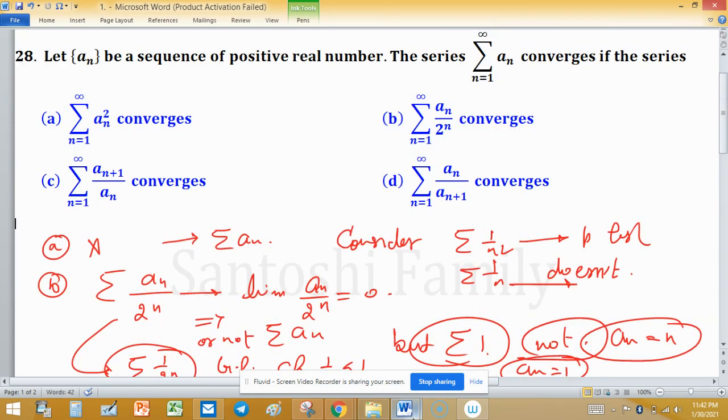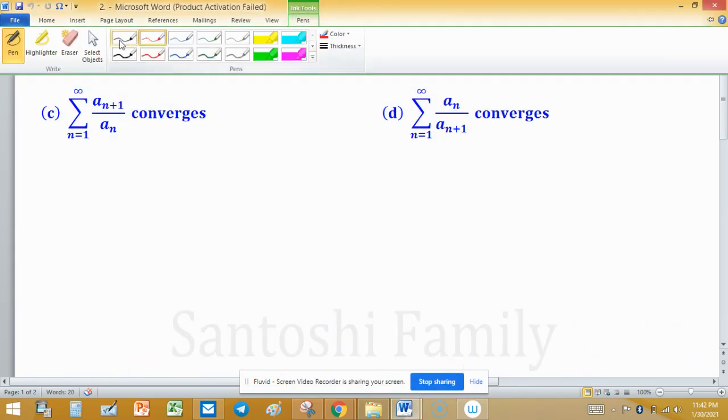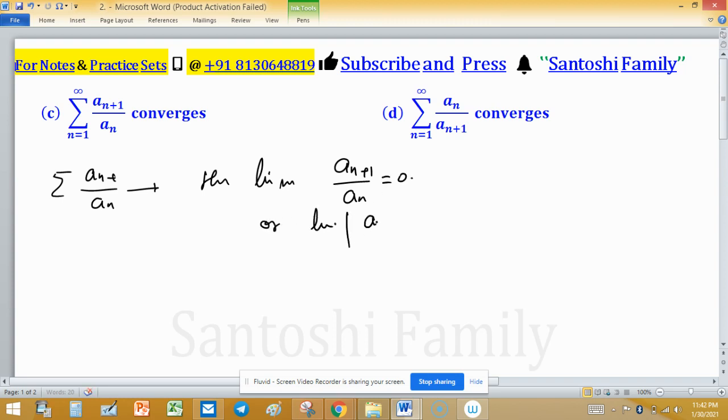Now come to options C and D. We know that if a_(n+1) upon a_n converges, then the limit of a_(n+1) divided by a_n equals 0, or the limit of a_(n+1) divided by a_n is less than 1.